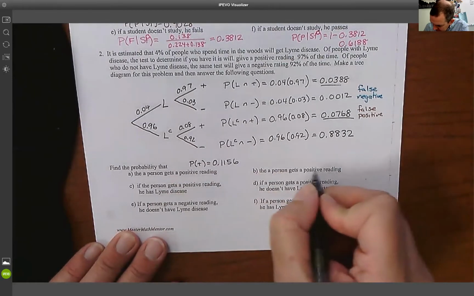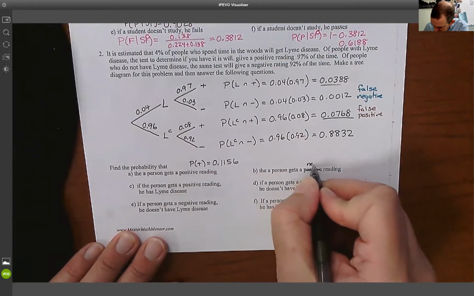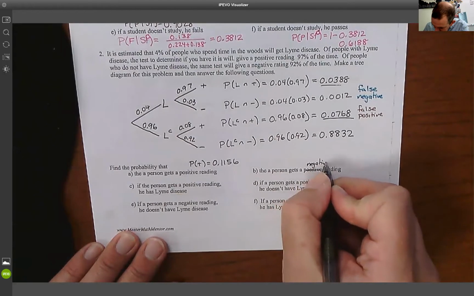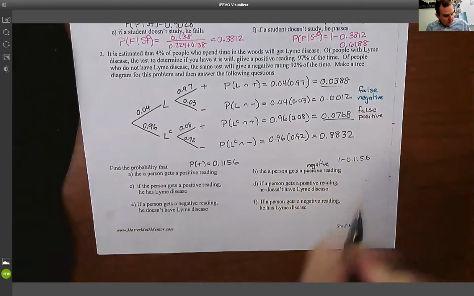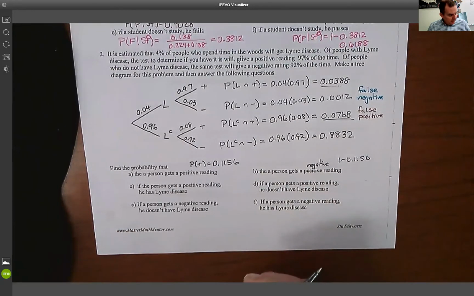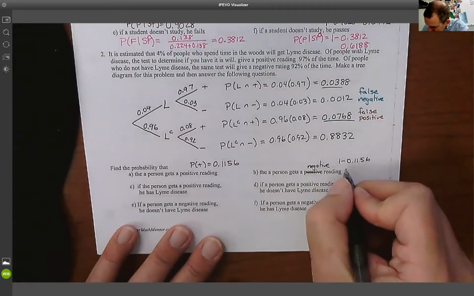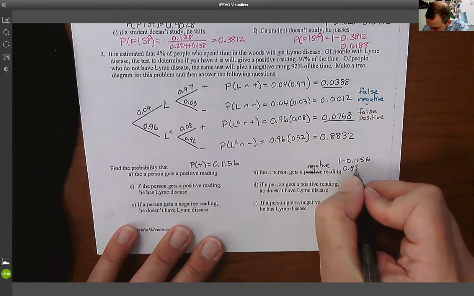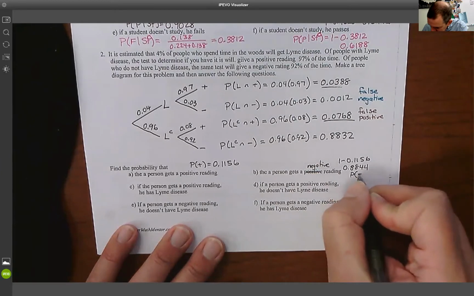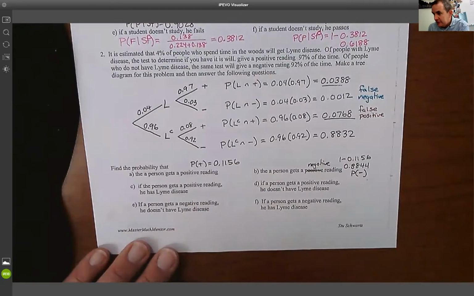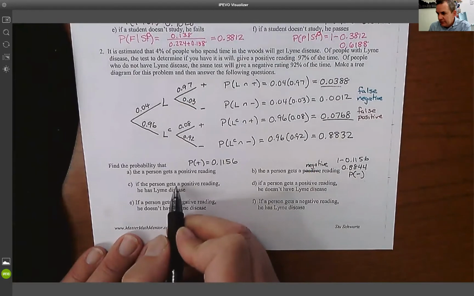That's the same question for a negative reading. So in this case, 1 minus 0.1156. These are the people who got negative readings. So a little over 88%, 0.8844. That's the probability of a negative test result. Those are the probabilities of positive and negative.